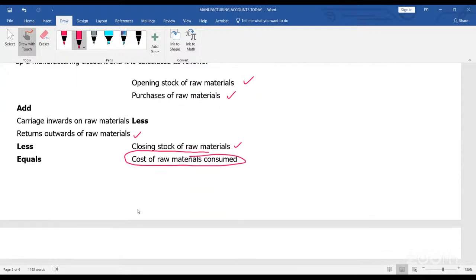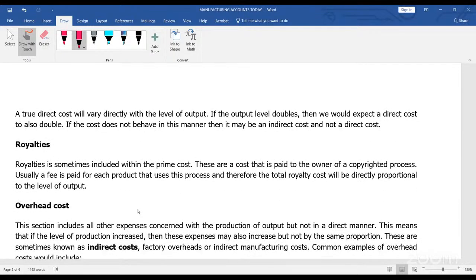Then what next do we have? They are telling us that a true direct cost will vary directly with the level of output. If the output level doubles, then you would expect a direct cost to also double. If the cost does not behave in that manner, then it is an indirect cost.